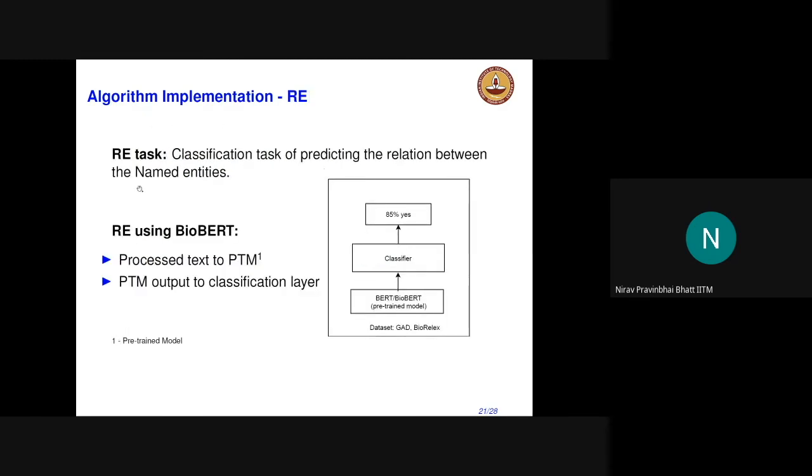Similarly, once we have the entities, we go for an RE task, and we again build a model. These are classifier models, which predict whether there is a relationship between two entities or not. The first pre-trained model only provides what the entities in the sentence are.